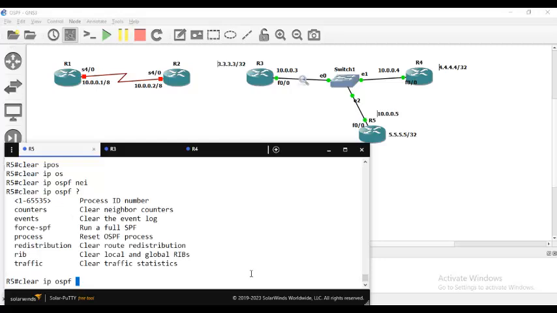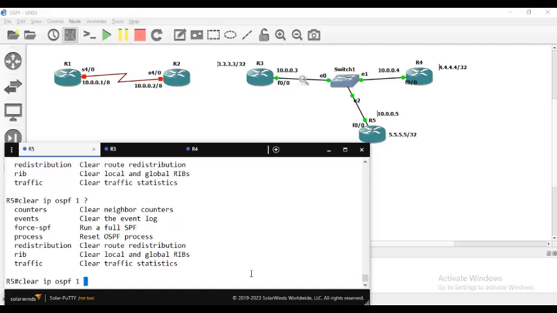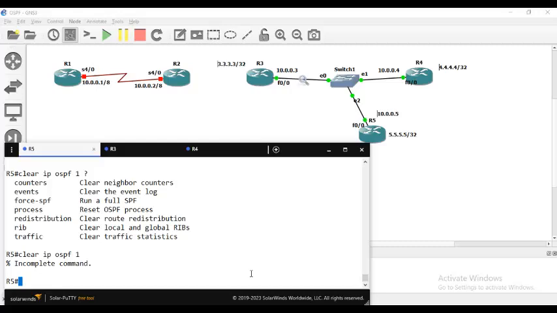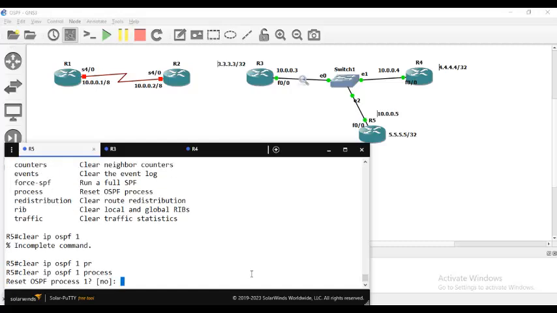Show IP OSPF neighbor. This table should be removed. Only then will the result we expect come. If we restart the router, then you will not form neighbor. We have to configure neighbor manually. So there's no other go. I cannot wait for this to refresh. So I'm going to restart.